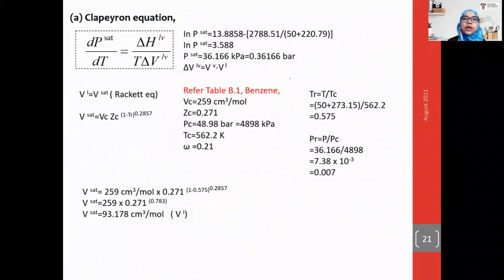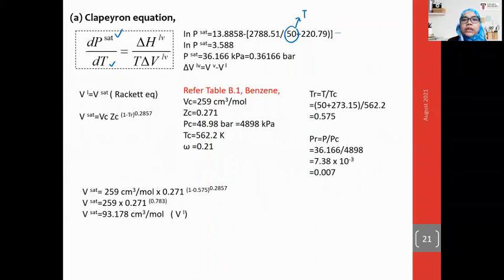How can we start is to determine the P saturation first, because we have the delta P saturation and delta T also given. So we need to determine the delta V here, because we can correlate the delta V to the entropy. So we start with the Antoine equation, and T given is 50 degrees Celsius.